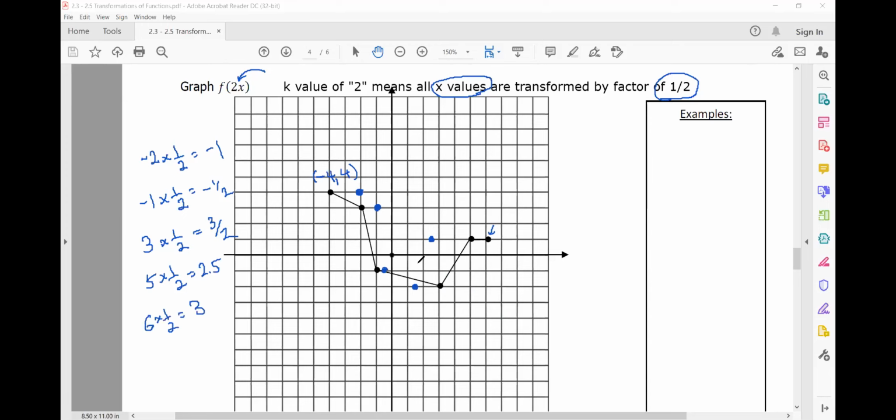We multiply that by a factor of 1/2, and it gets smushed, and it becomes a 3. If you connect the dots, do you see how the entire function has been squeezed horizontally and it's been compressed? This is what a k value represents.